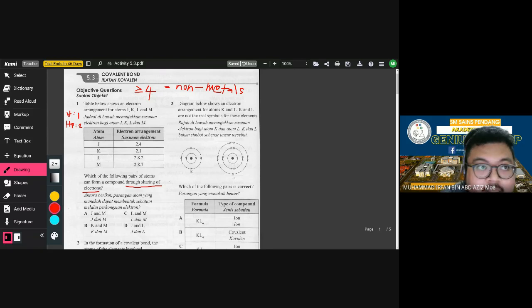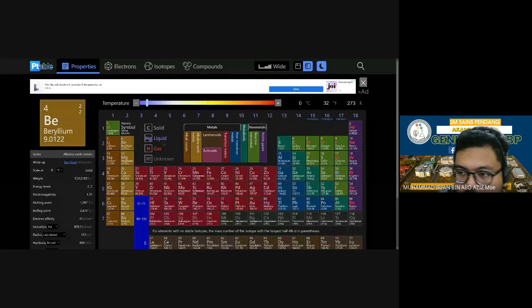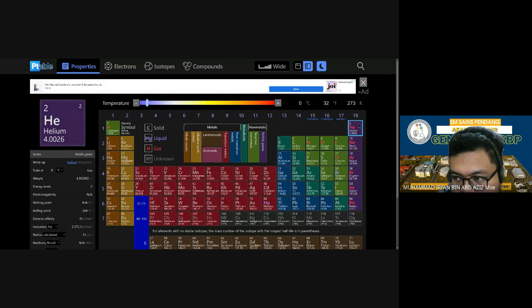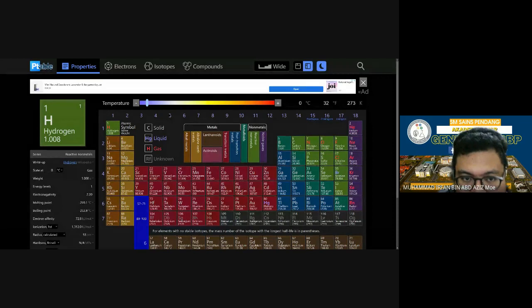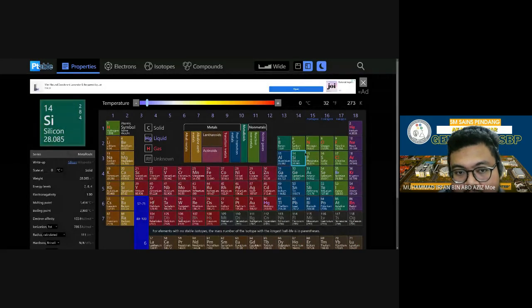But other elements in the main group, the main group tu means group 1, group 2, group 13 until group 18. Transition metal ni kita tak nak kisahkan. Kita tak nak tengok pun lagi. Okay, if the valence electron is greater and equal than 4, it must be non-metals.